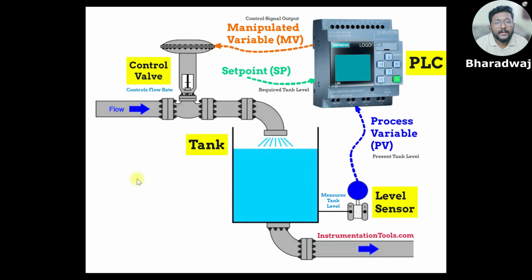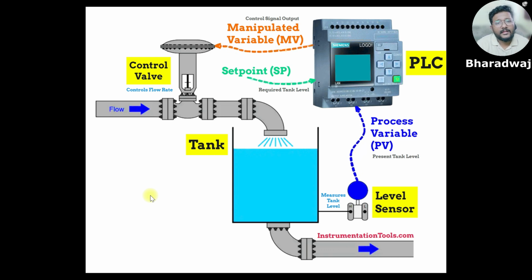If you are a beginner, you have to remember this terminology: process variable PV, set point SP, and manipulated variable MV. Based on these parameters, the PLC will control the tank level.